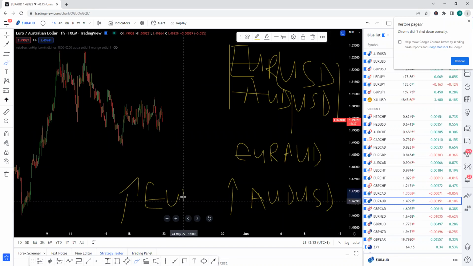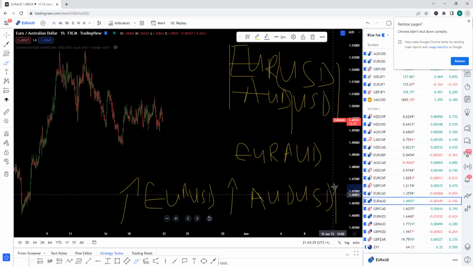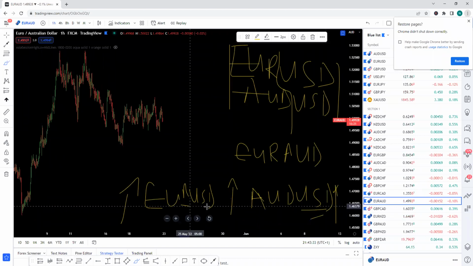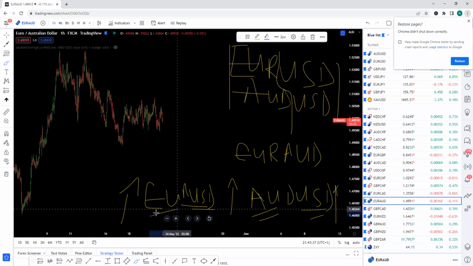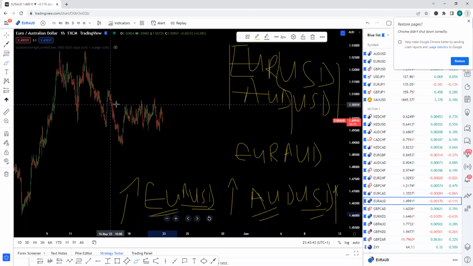It means that USD is weak, and then AUD is strong, Euro is strong. So you have two currencies that are strong. What is the outcome? Consolidation.